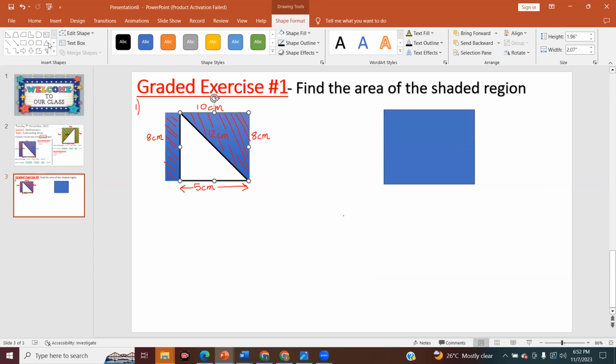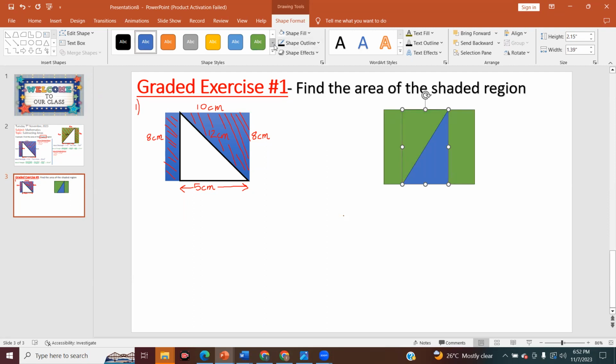Let's say that we have something that looks like this. Only one thing is that we have it this way. And let's say that we have something like this.